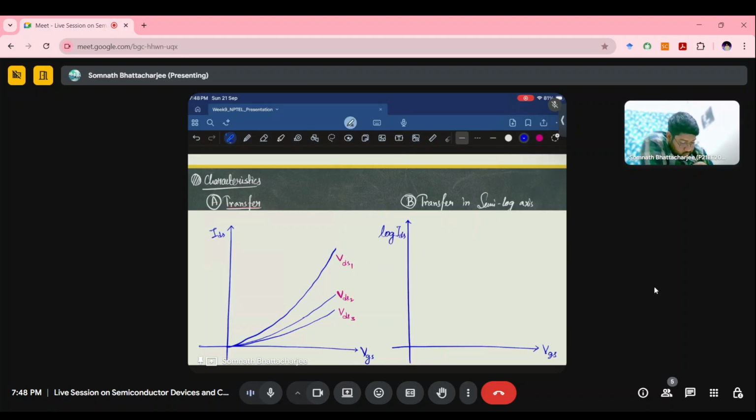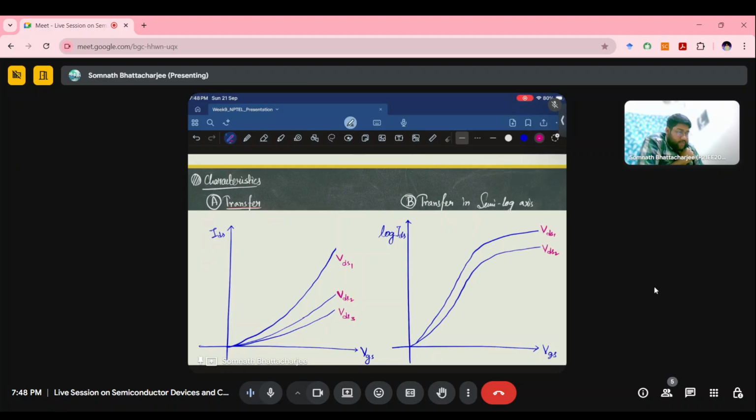The plots will look something like this, not exactly like this. So they will start off a bit late, and based on different values of VDS, it will have different values. With VDS1 and VDS2, they will be slightly different, but that's fine. So we can also plot this transfer in semi-log axis as well.